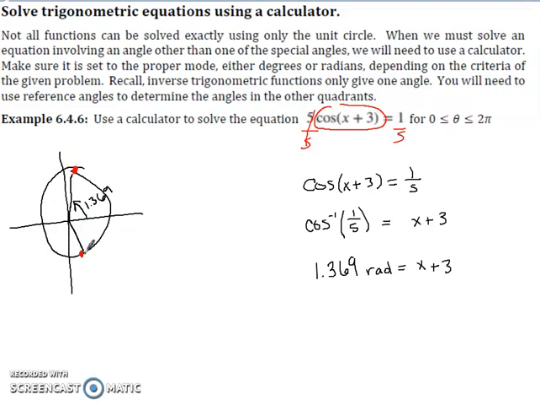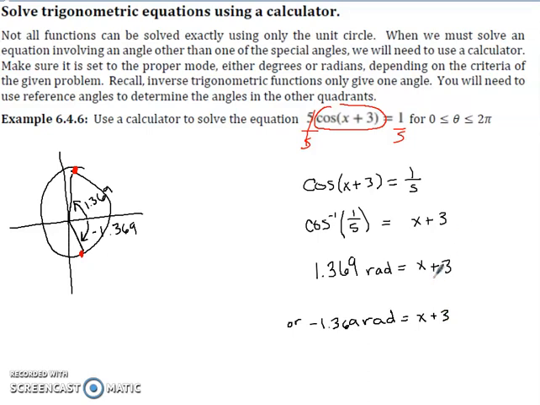So there is a second answer, and I will go ahead and go backwards on my unit circle, negative 1.369 radians, to get to that second point. So I have 1.369 or negative 1.369 radians.